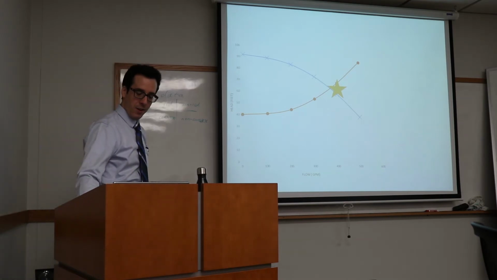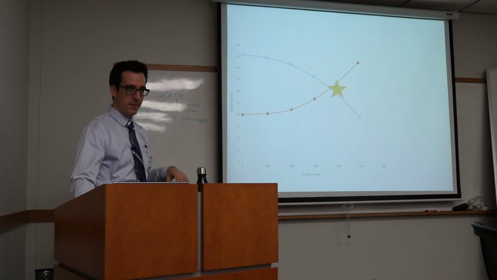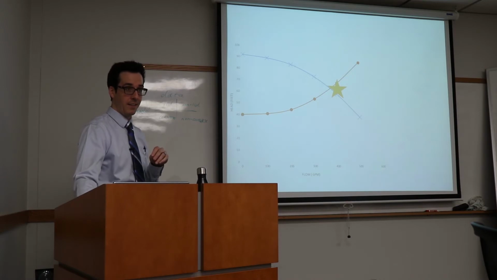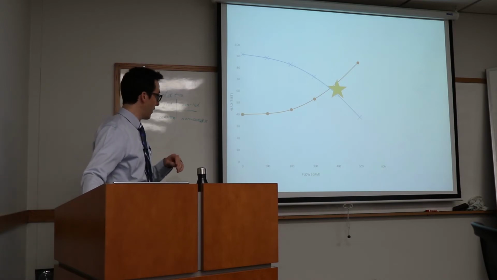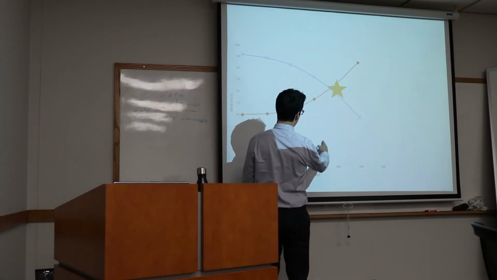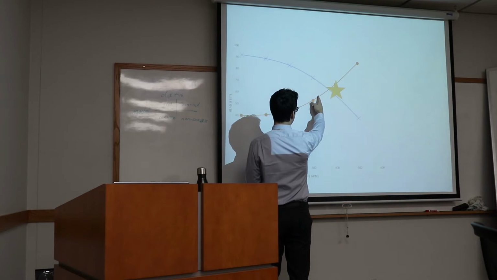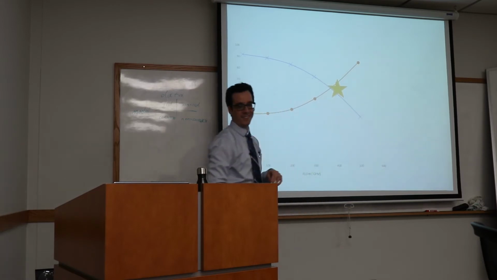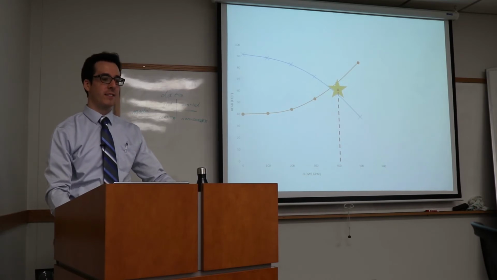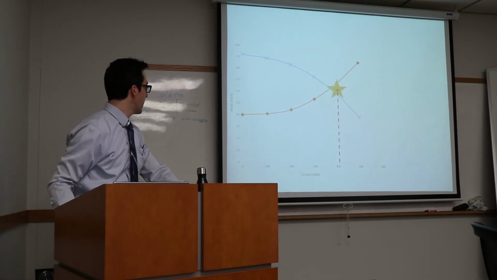Do you remember from the first slide in this exercise, what was our design flow rate? 350. And how did we do? Are we close to 350? We're a little bit more, right? We're actually more like 400 GPM here.